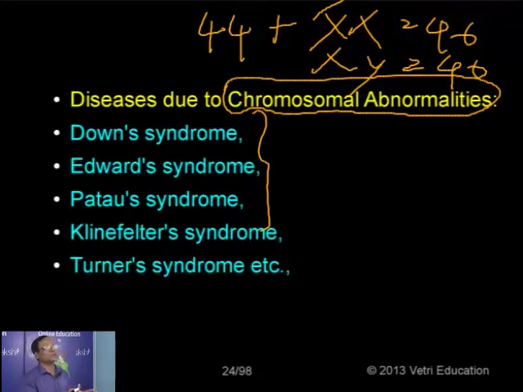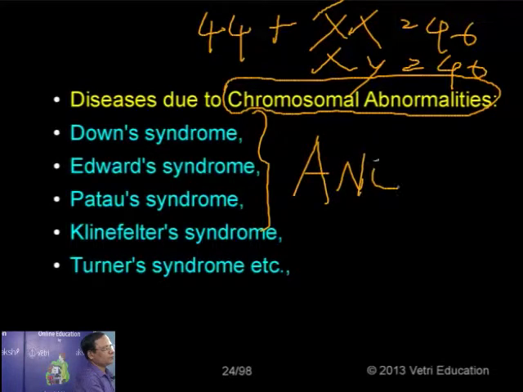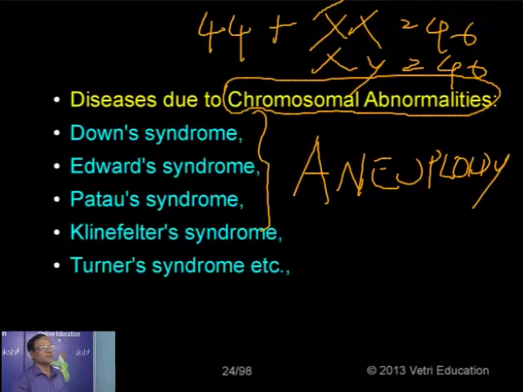Anyway, the number of sex chromosomes or autosomes is changed, and accordingly we have different types. If there is any deviation from the normal chromosome number, where the number is increased by 1 or 2 or decreased by 1 or 2, the condition is called aneuploidy: an increase or decrease in the number of chromosomes.